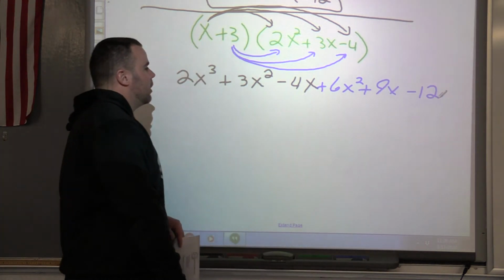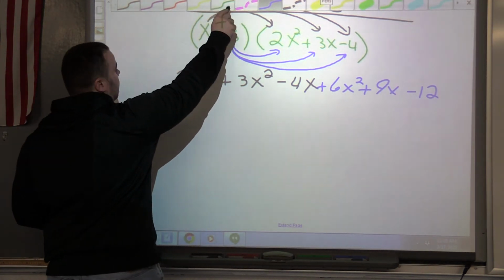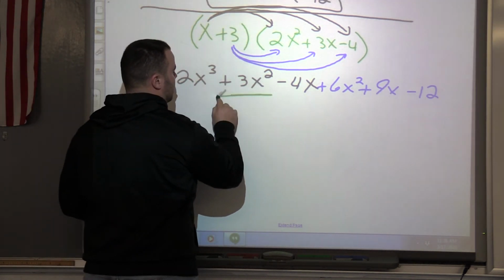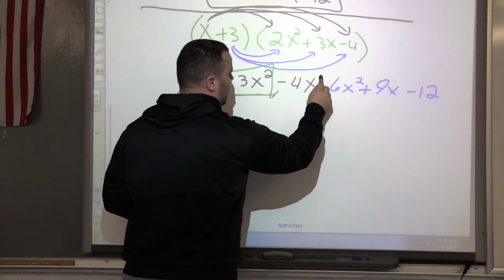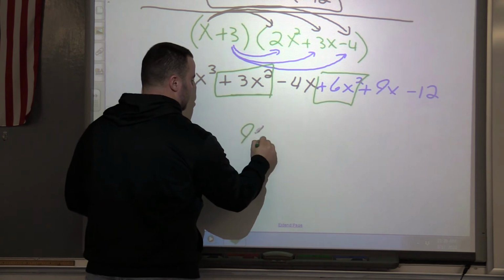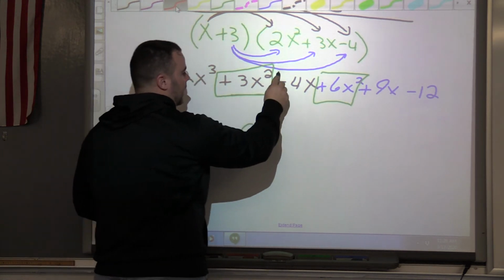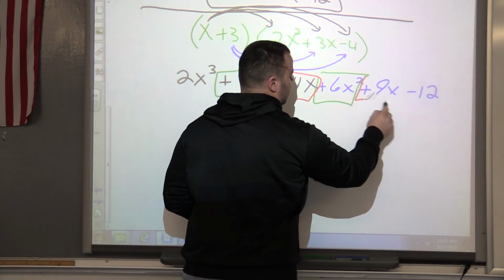All right, any like terms I can combine? I see a couple. Looks like I have some x squareds that can go together. So I've got a positive 3x squared and a positive 6x squared. That would give me positive 9x squared. Also, looks like I've got a negative 4x and a positive 9x.